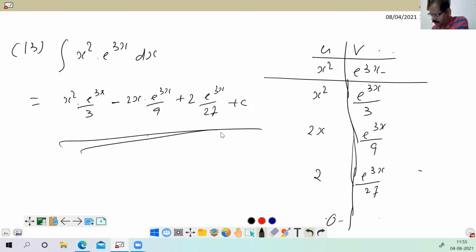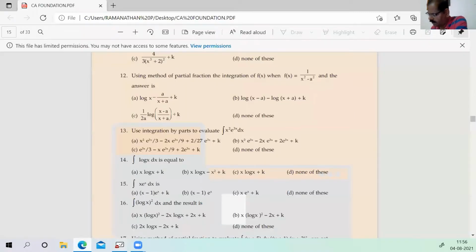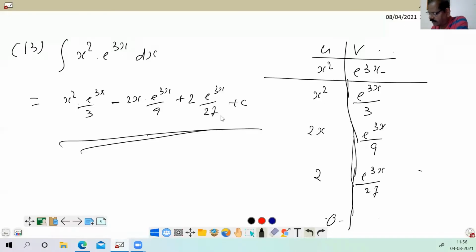Here, if there is no constant, we can straight away ignore that answer. So here we have x square e raised to 3x by 3 minus 2x e raised to 3x by 9 minus 2 e raised to 3x by 27 plus k. So A is the answer. The same answer we have got here.